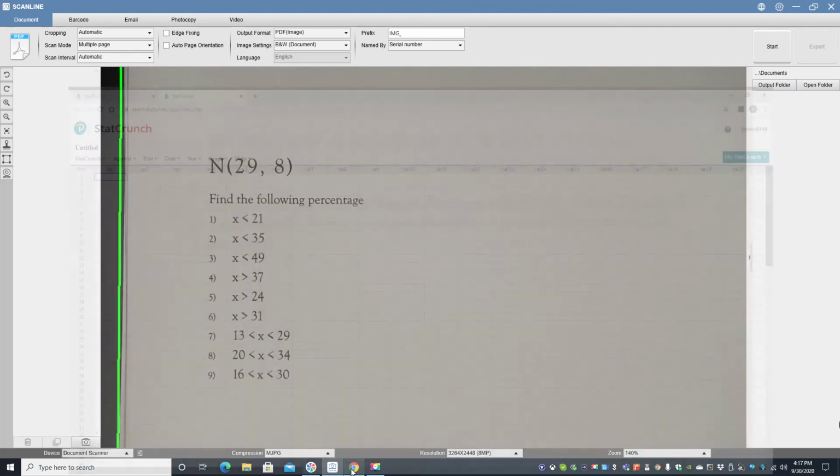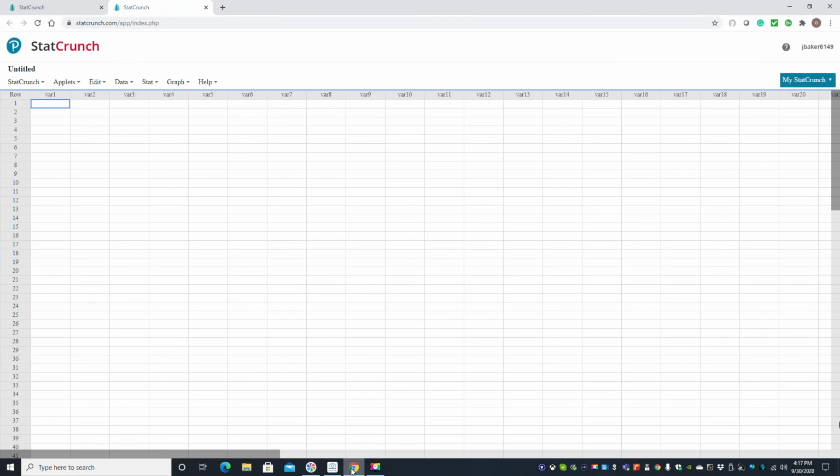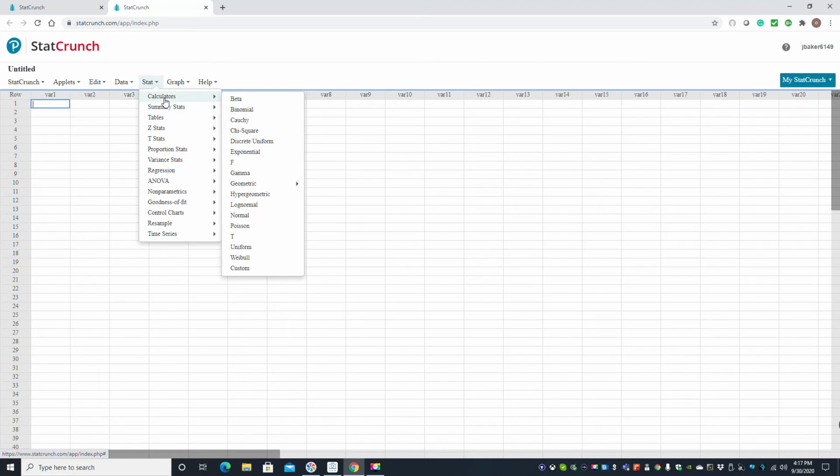So if I go over here, we should have just popped up StatCrunch. I'm going to go to Stat, and then Calculators. Then I'm going to go down to Normal, because we're dealing with a normal curve.